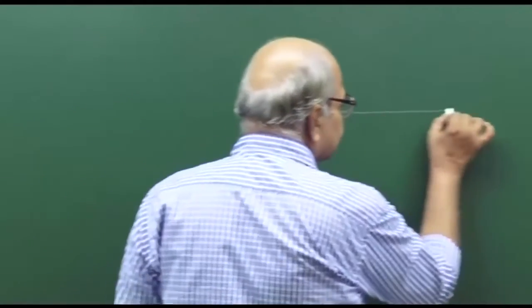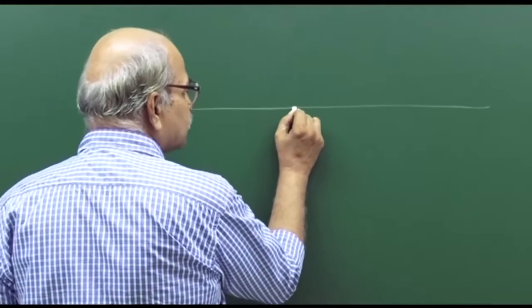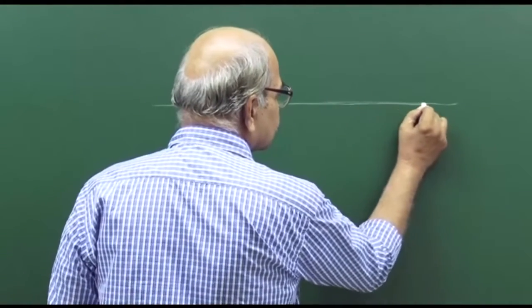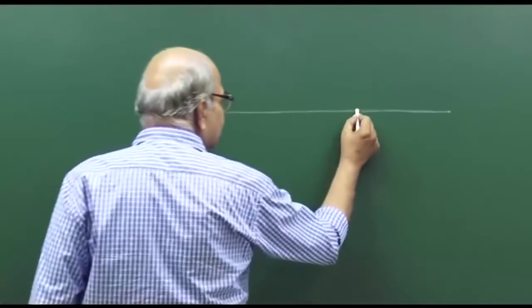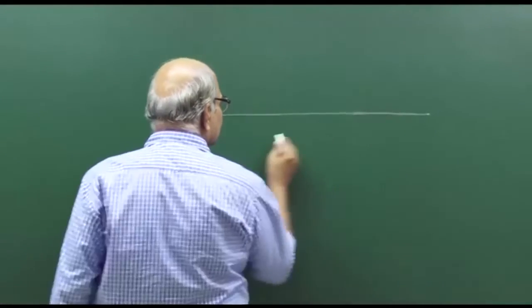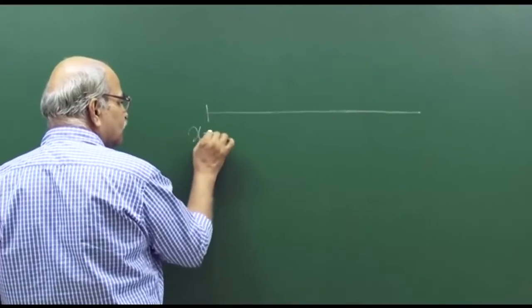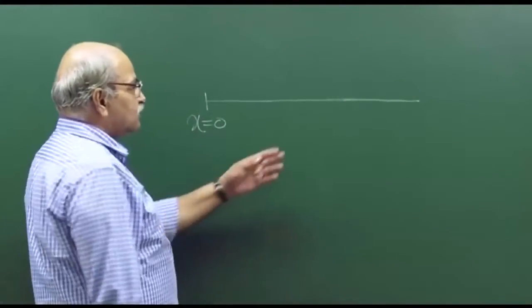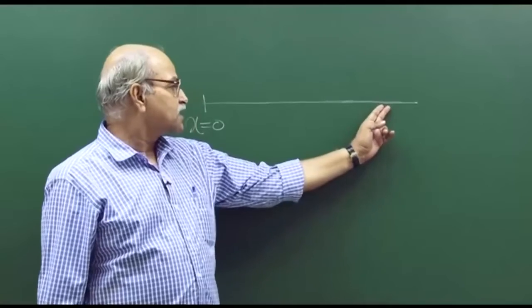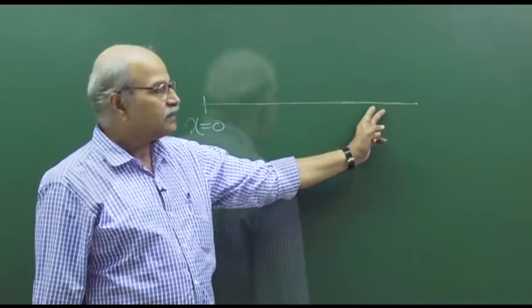Let us say you just have a string. Of course, the string should be tight and all that. So, some portion you can say, okay, this is x equal to 0 and this is the x direction, and then each portion is described by a particular value of x.